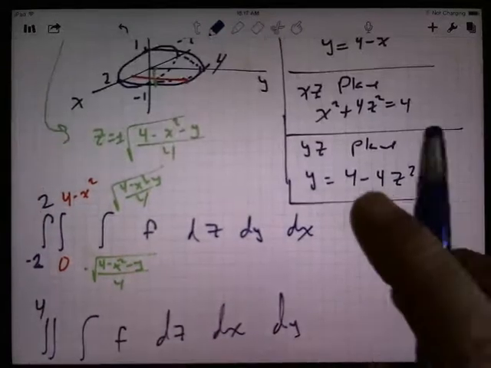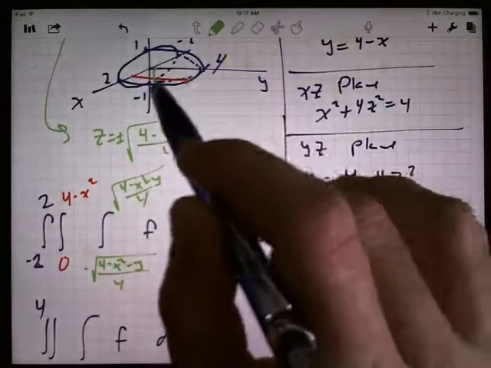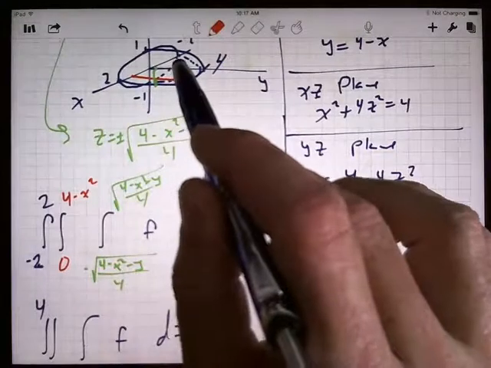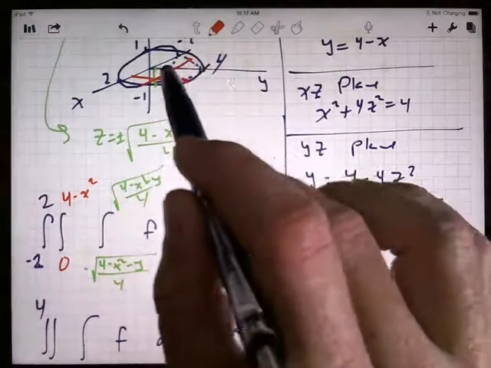For each value of y in between, what does x do? For each value of y in between, x is going this way from that side to this side.